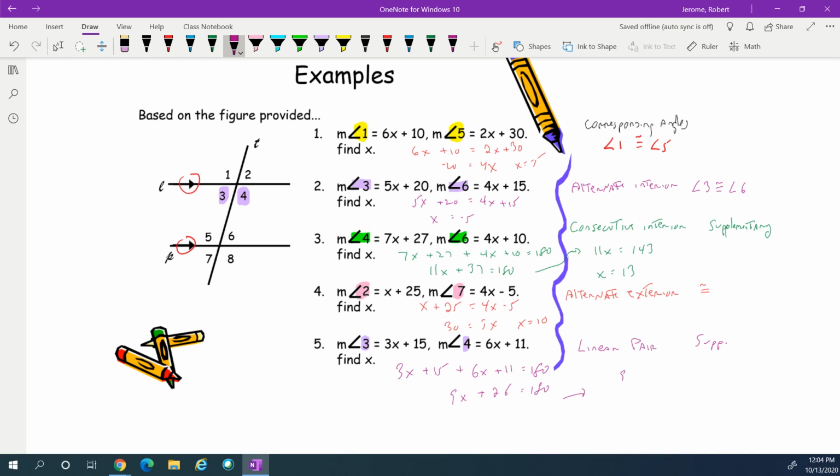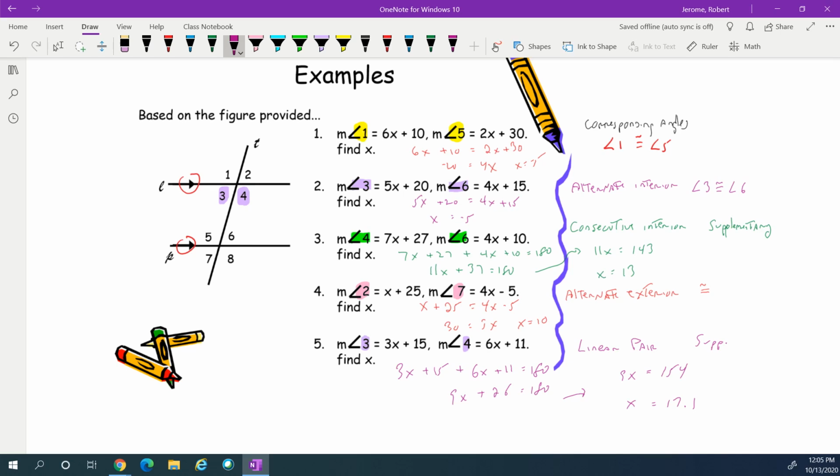Again, I'm just bringing up my work. 180 minus 26 gives us 154. We're going to divide by 9, and it looks like we get 17.1. Okay, it is what it is.